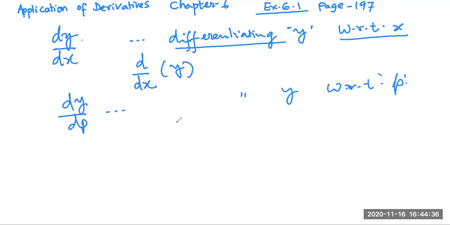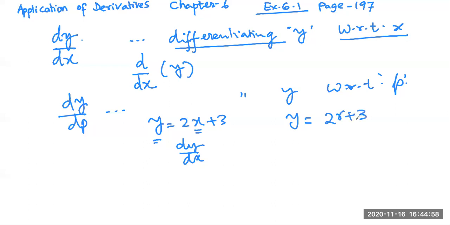So what it requires is, if we have y equal to 2x plus 3, because x is the variable and y is the function, we do dy by dx, with respect to x. If, for example, y is equal to 2r plus 3, then we can't do dy by dx.